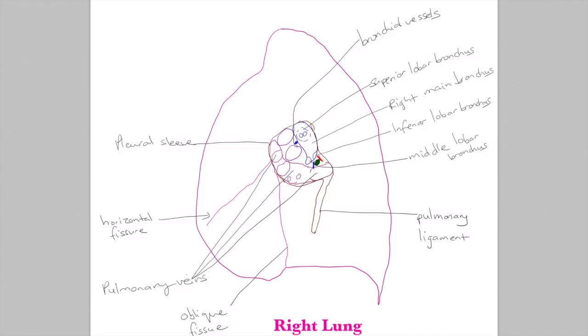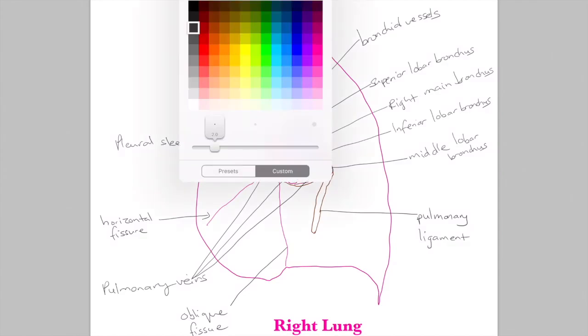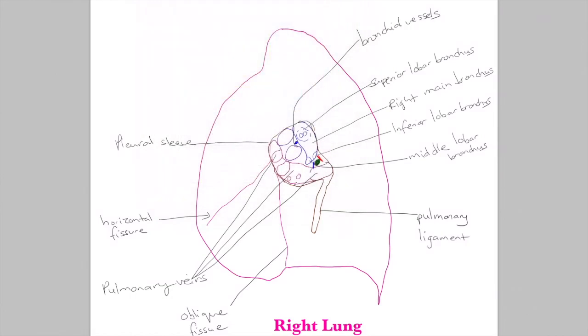Let's add some more things to this. I will use a different color, dark black, to label. This will be the apex area. Apex.